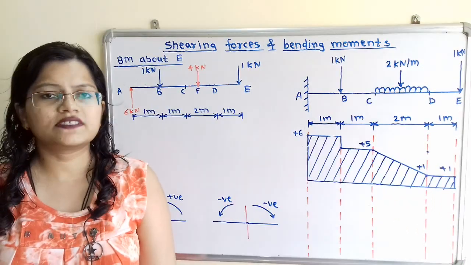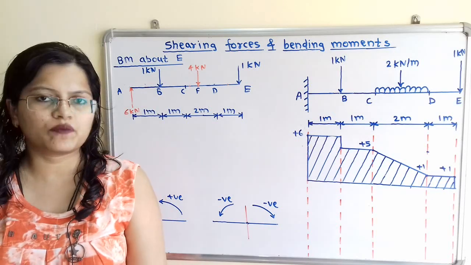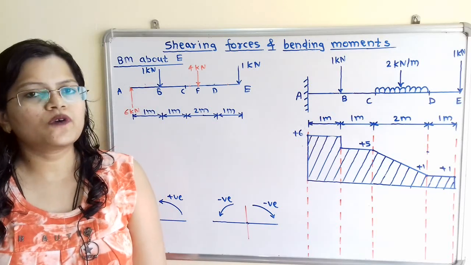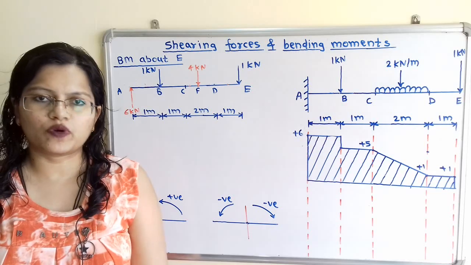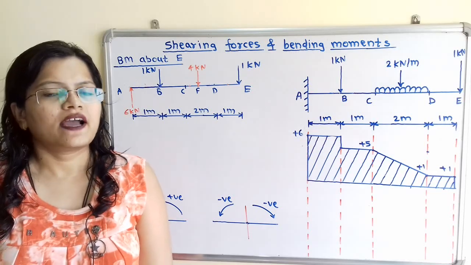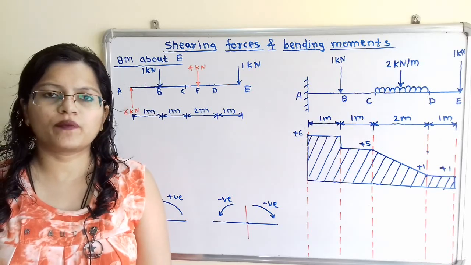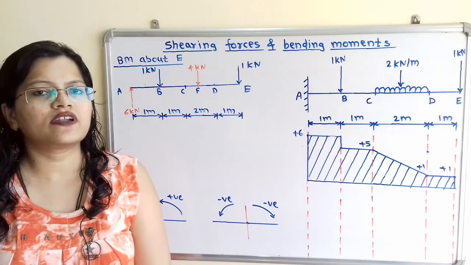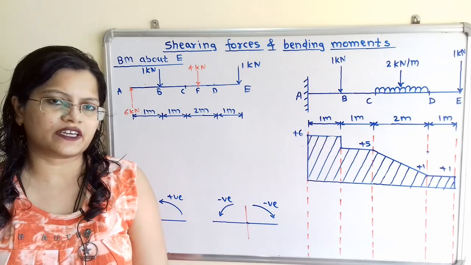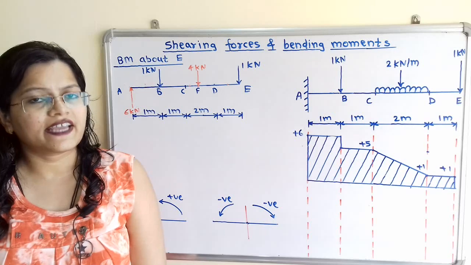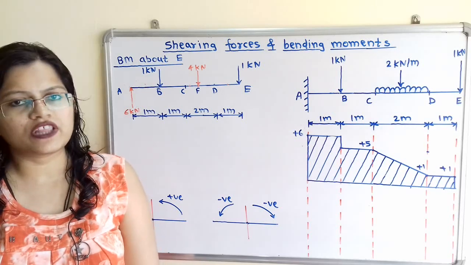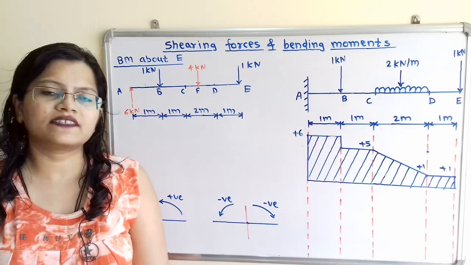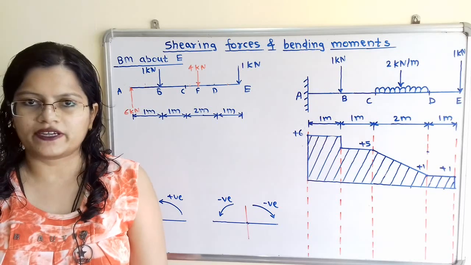Now we will understand how to calculate bending moment. There are 2 ways to calculate bending moment. We can take either summation of moment of all the forces on right hand side of the selected point, or we can take summation of moment of all the forces on left hand side of the selected point.